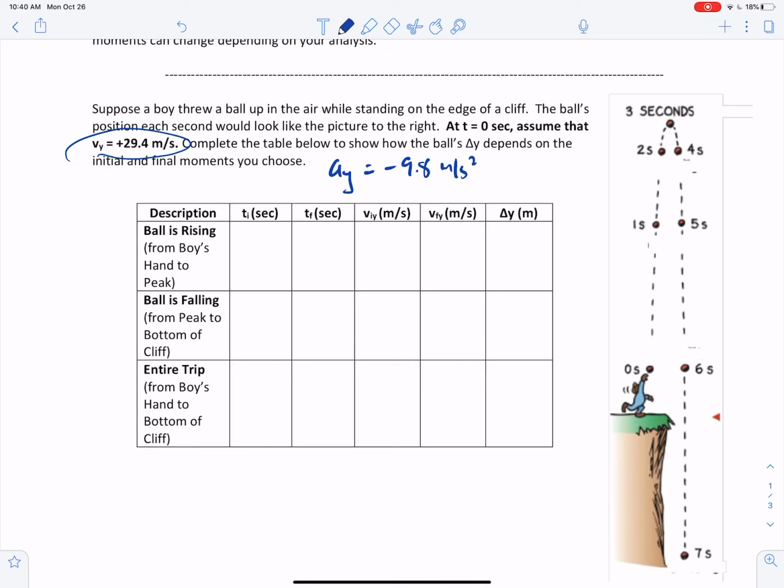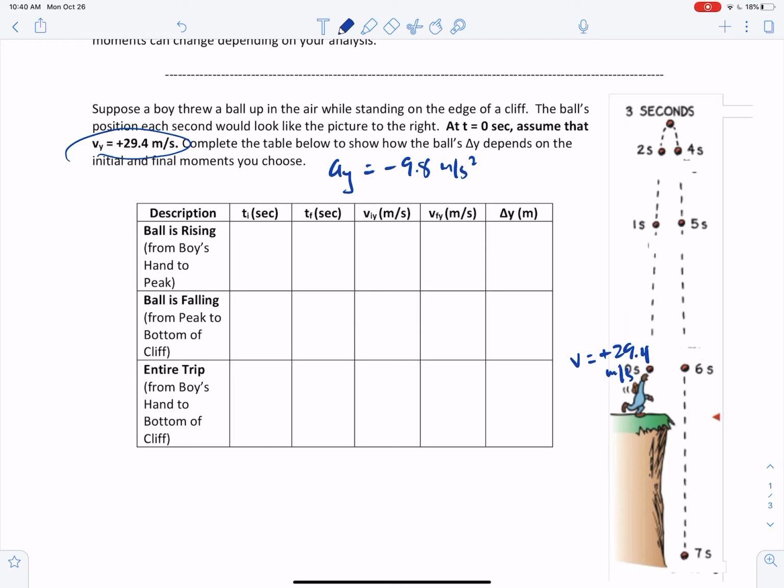And here at 0 seconds, as soon as the ball is released from the boy's hand, we can say that the velocity is positive 29.4 meters per second, okay? Then 1 second later, the ball is rising, but as it rises, it's slowing down a little bit because it's going against gravity. So what happens to the velocity? Well, it drops. And how much does it drop by? 9.8.